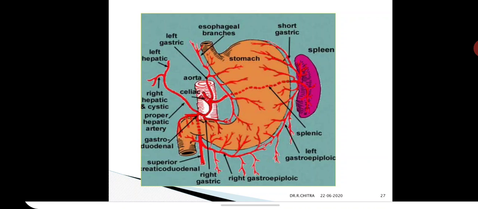Have you seen? After giving these two branches, common hepatic artery will be continuing as hepatic artery proper in the upper part. You can see the image. It divides into right and left hepatic arteries. Then cystic artery will arise from the right hepatic artery.